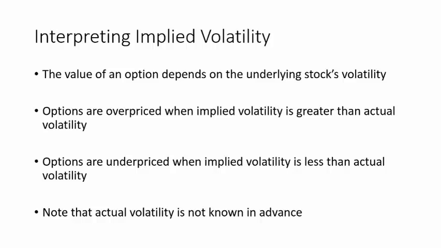And of course, the reverse will be true as well. Options are underpriced when implied volatility is less than actual volatility. So suppose again that actual volatility is 15%, but this time implied volatility is only 10%. Then the option is underpriced, and you can make money by buying a straddle or a strangle.